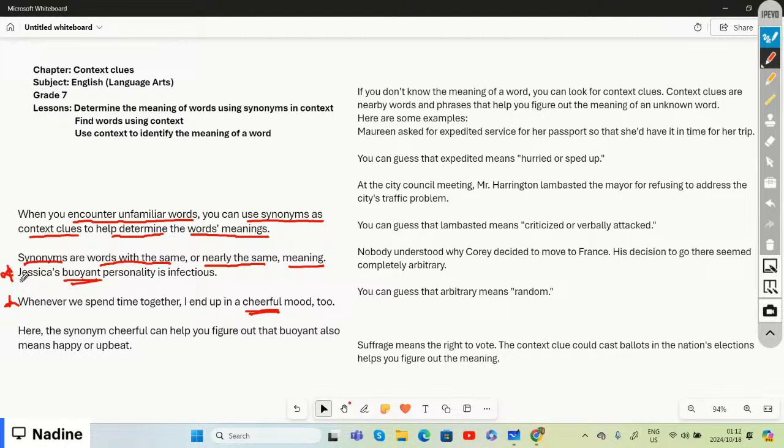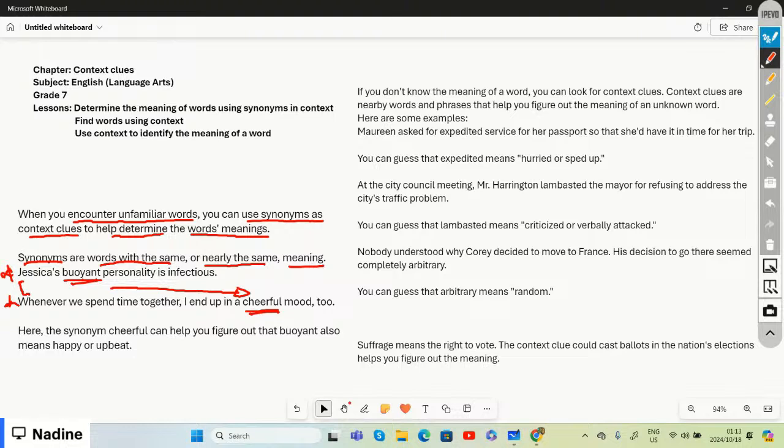Do you see these two sentences are together because it's somebody that is saying this? She's got a buoyant personality, so I end up also being cheerful. So even if you don't know what buoyant means, now you'll know that the synonym, the word with the same or almost the same meaning as buoyant, is cheerful.